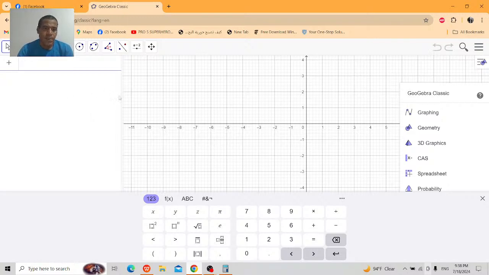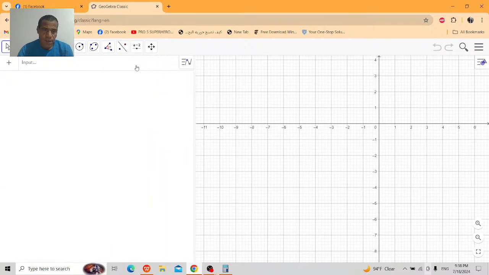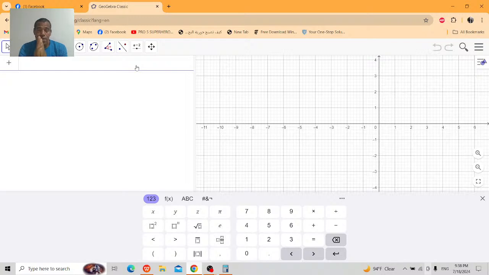Maybe it will use the method of the remainder theorem, but it can find the others.